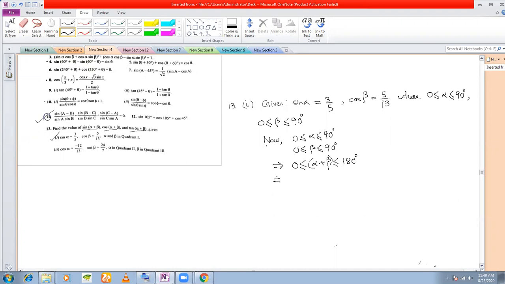That means alpha plus beta lies either in the first quadrant or second quadrant.